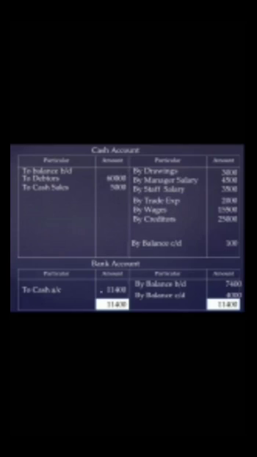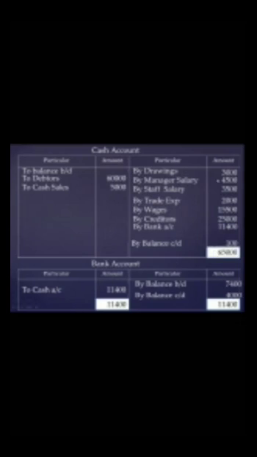Debit side of bank account goes to credit side of cash account, 'By bank' 11,400. This is a contra entry. Always remember, while closing the cash and bank account, first close the bank account and make the contra entry. Clear?